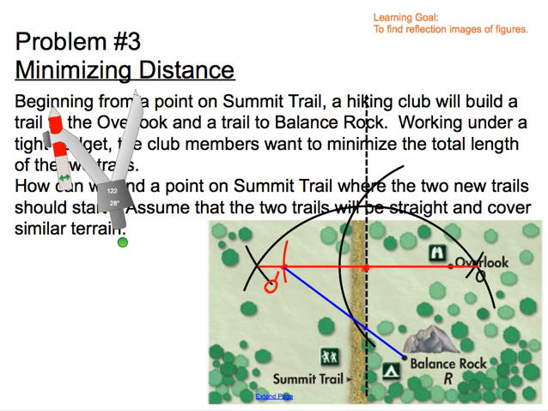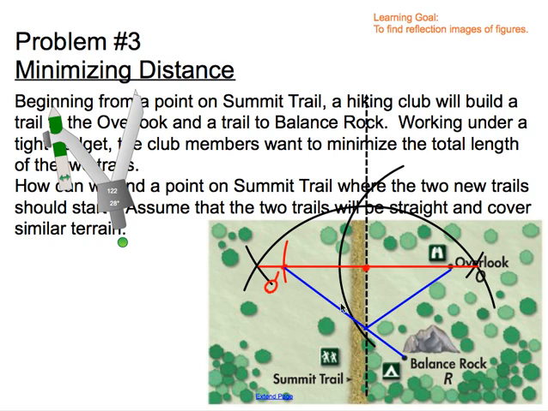That is actually the intersection that we're looking for. So by constructing this trail to Overlook Prime, we get the shortest distance between these 2 points, which is this straight line.